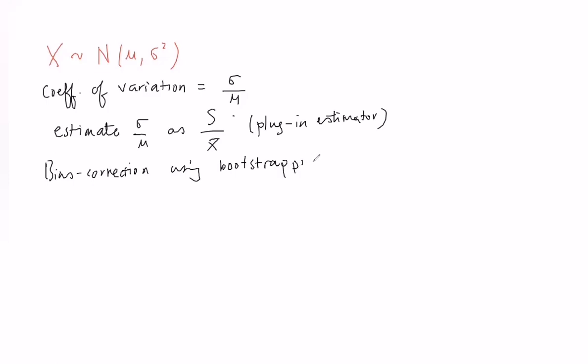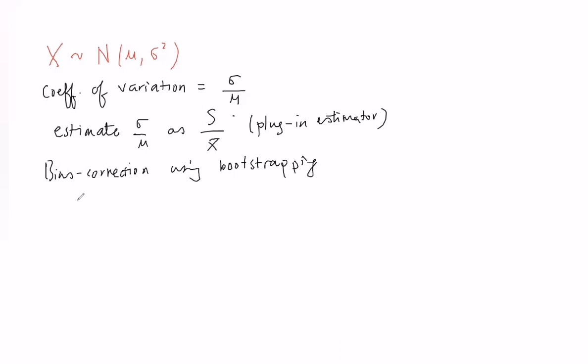This is much easier to do than to use some asymptotic methods to correct for the bias. Your mathematical statistics needs to be quite strong to do that. But bootstrapping anyone can do, once you understand the concept and know your R basics quite well.